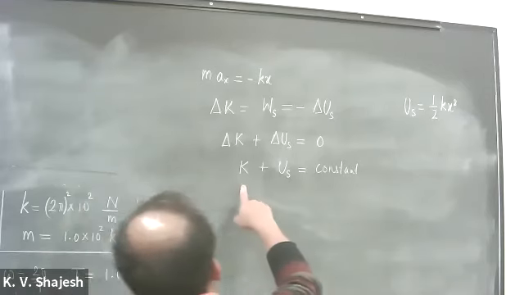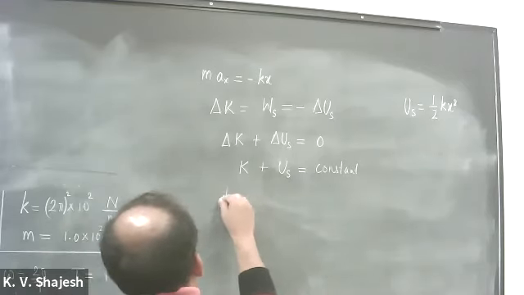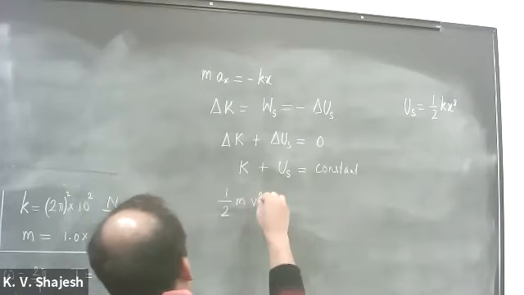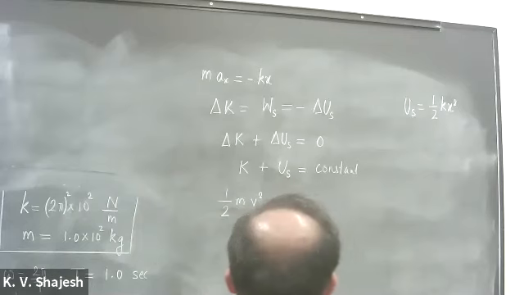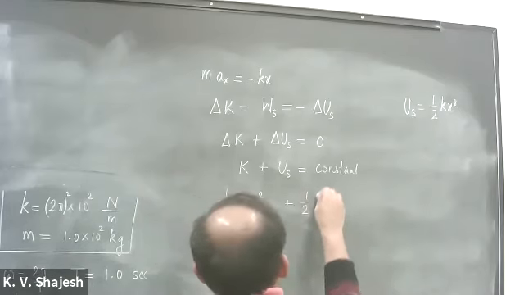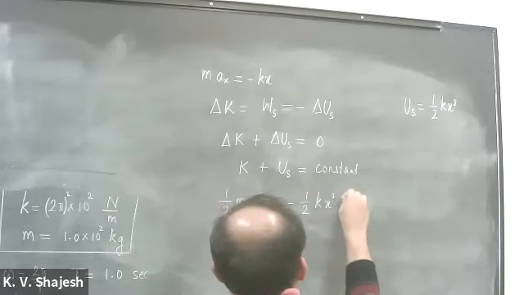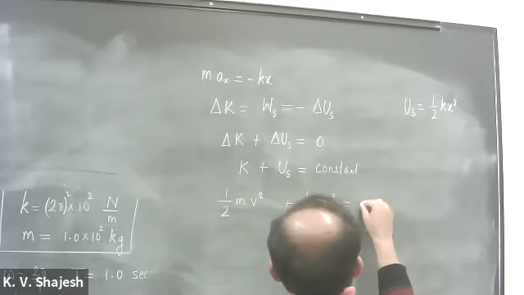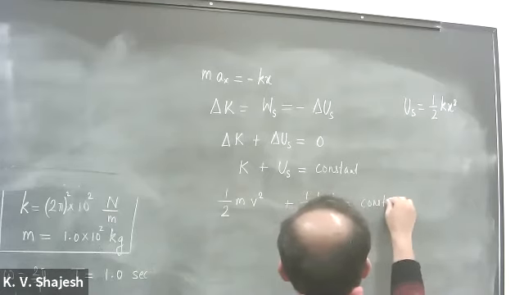Change is 0 means that the quantity remains the same. What does that mean? What is kinetic energy? That's half mv squared. And what's the potential energy? That's half kx squared. According to this energy conservation, these two should remain the same.